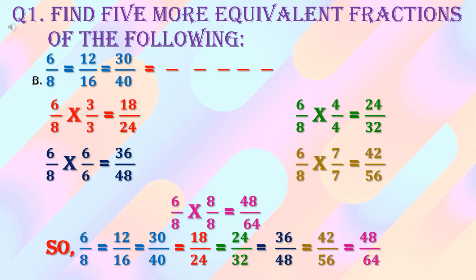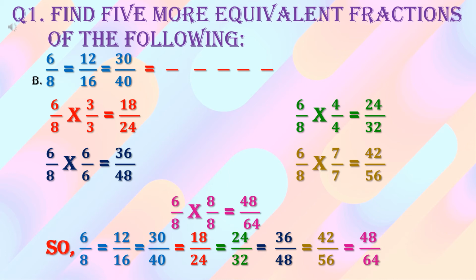Means 6 will be multiplied by 4 and we will get 24. 6 4s are 24, and 8 will also be multiplied by 4 and 8 4s are 32. So we have got 24 as numerator and 32 as denominator, and the fraction is 24 upon 32, which is equivalent to 6 upon 8.